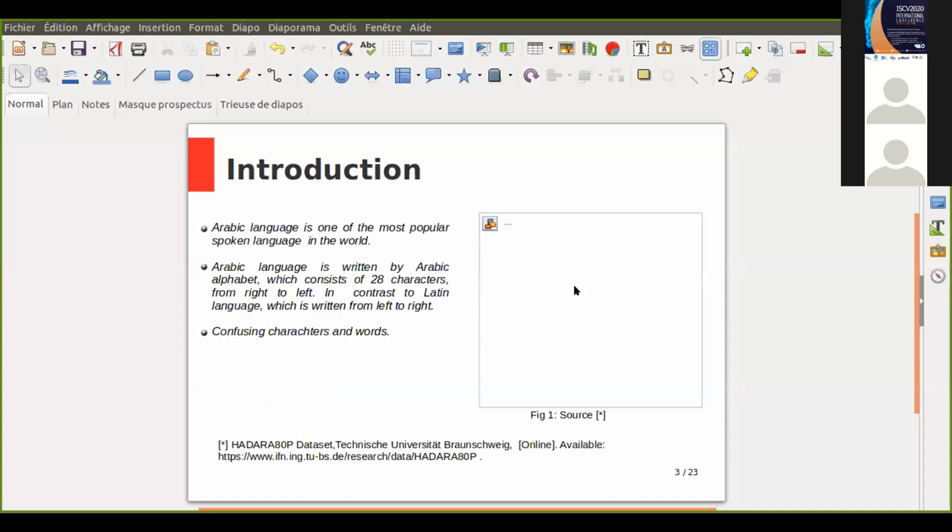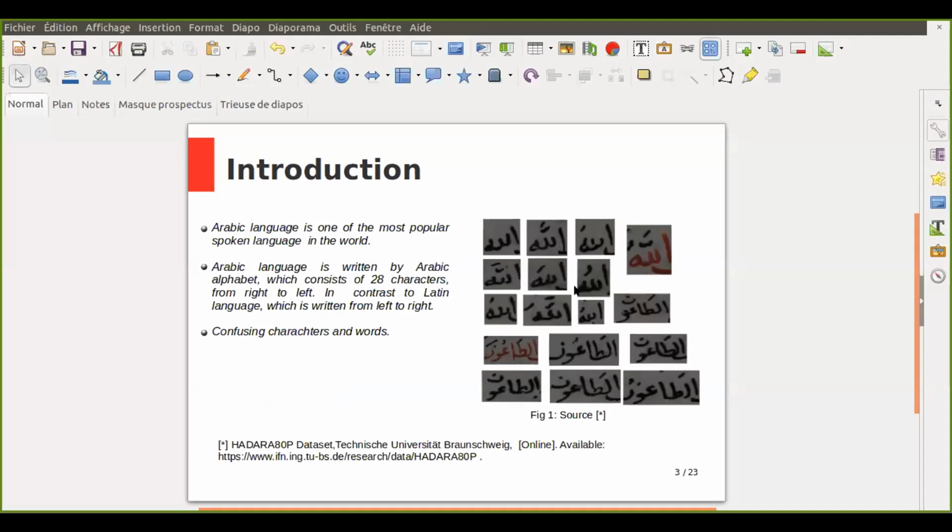Starting with the introduction. The Arabic language is one of the most popular spoken languages in the world, used by hundreds of millions of people, and it is an official language in more than 16 countries, since the Quran and the Hadith are written in Arabic.